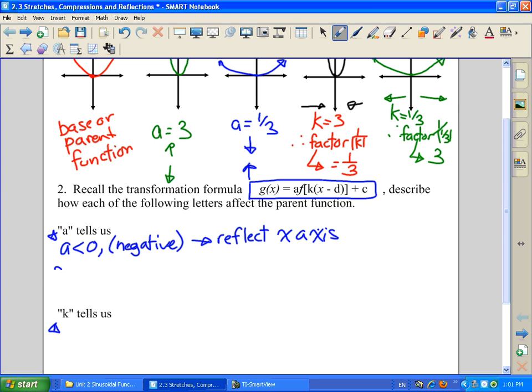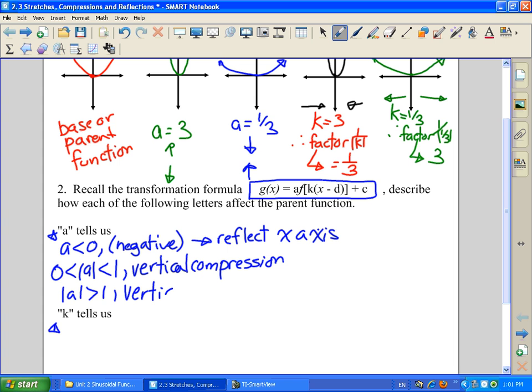If the absolute value of A is between 0 and 1, we have what's called a vertical compression by a factor of A. And if the absolute value of A is greater than 1, folks, we have a vertical stretch.